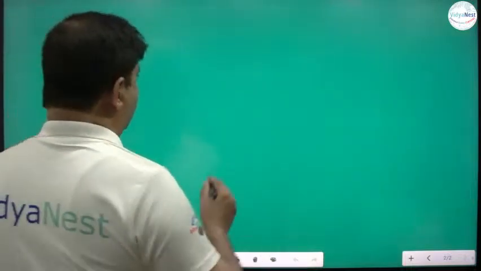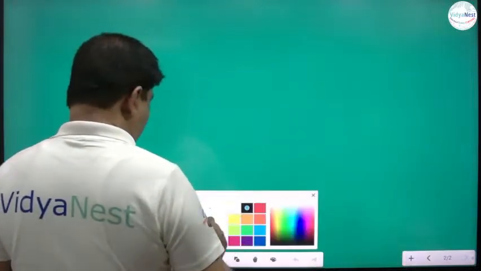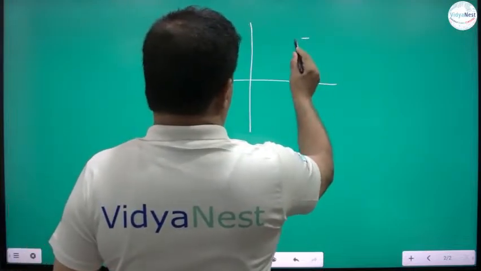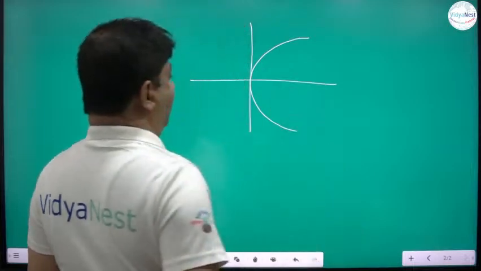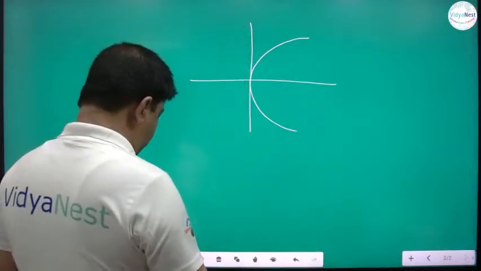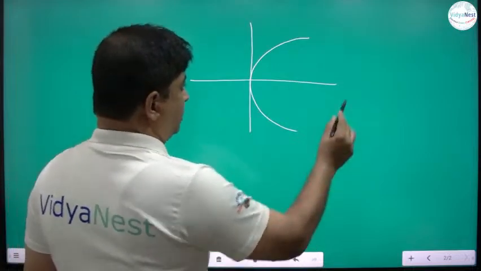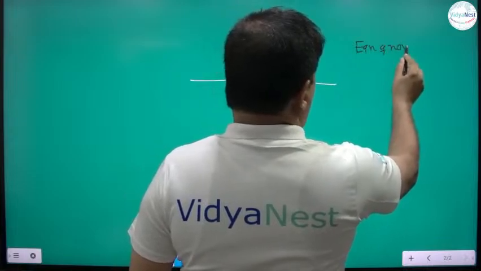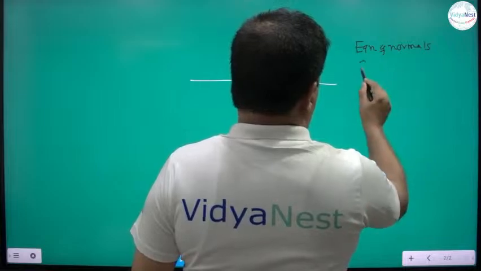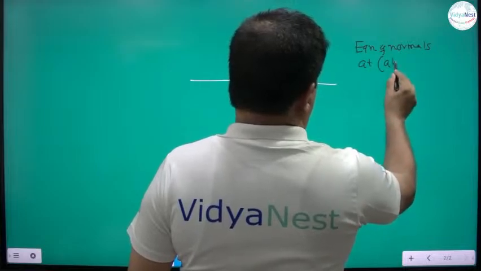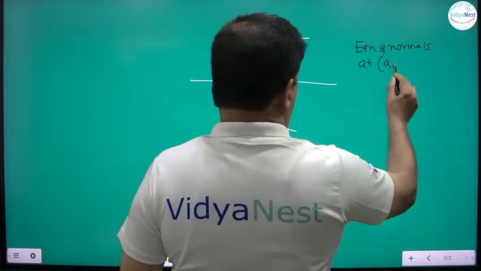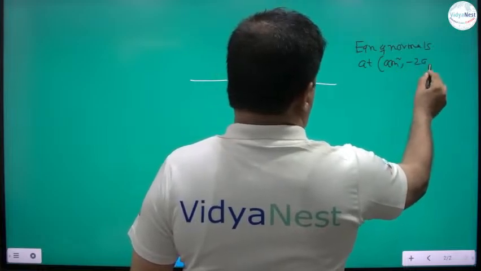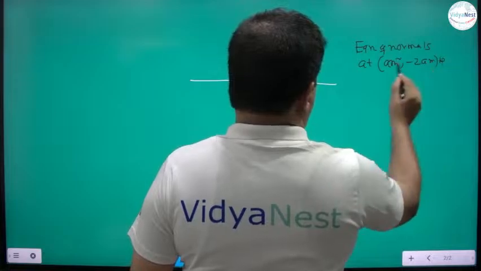Let us draw a parabola. What we have observed is that the equation of the three normals is m square minus 2m, which we have just got.